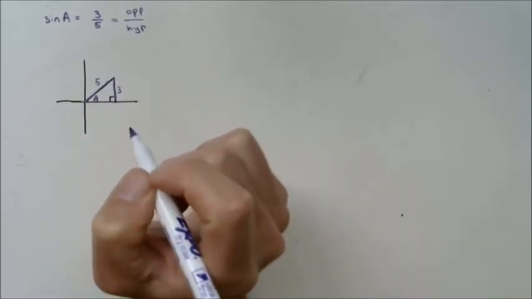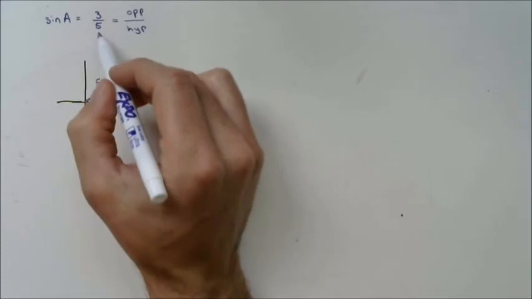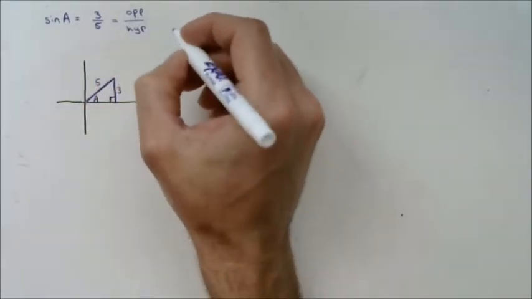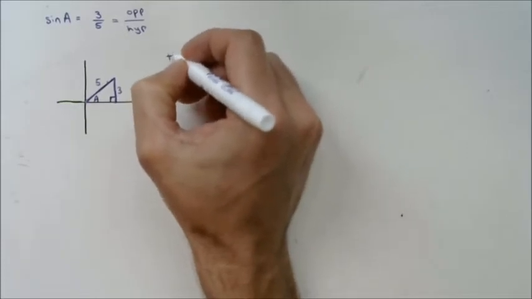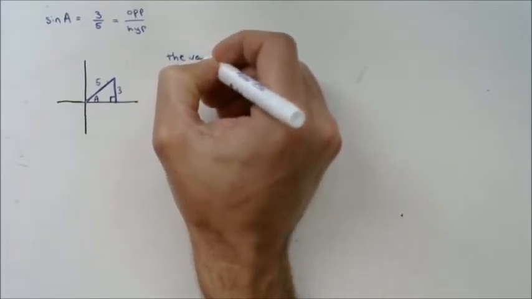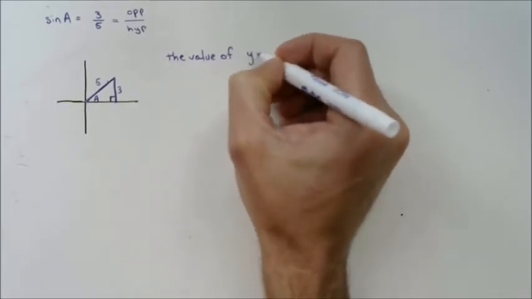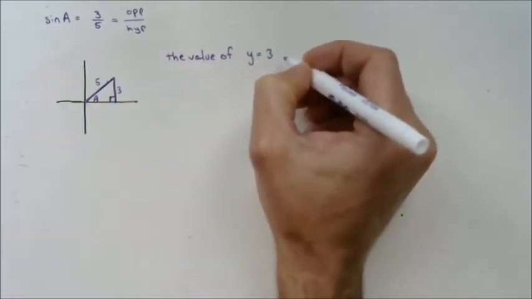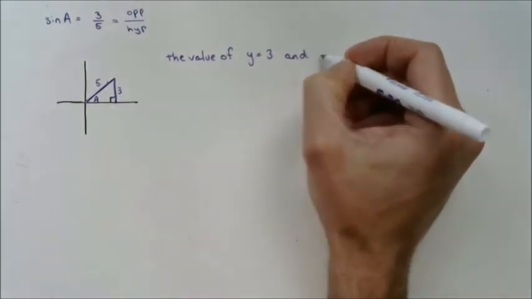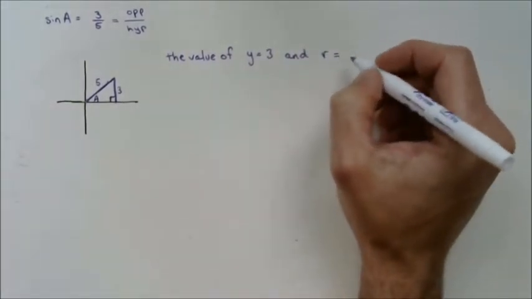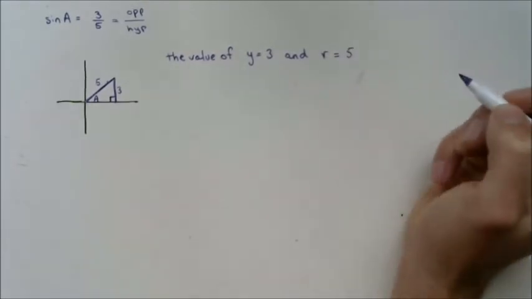So if they tell you that the sine of A is 3 over 5, what do you know right away? We know the value of y is 3, and the radius of the circle that we could draw here is 5.